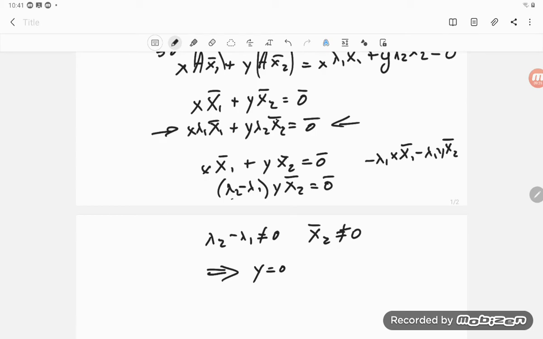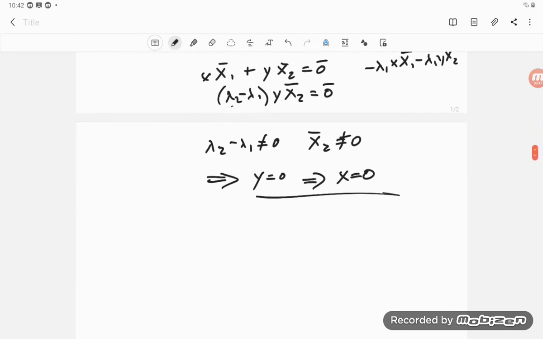But then if y equals 0, that implies that x had to also be 0, because we would be left with x times x1 is equal to 0. And so only the trivial solution, x equals 0, y equals 0. So that's a pretty neat proof. And so that means P, equal to x1, x2, is non-singular.